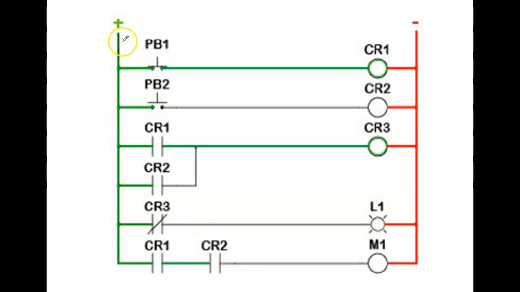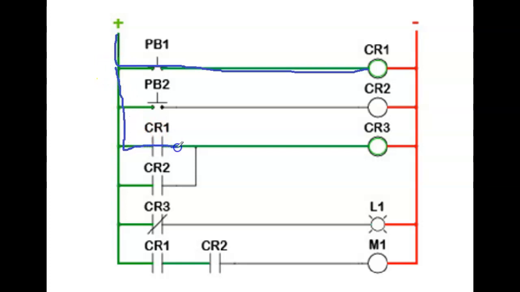Well, remember, the idea is to move current through. So it's kind of like water flowing through a pipe. So we know as soon as we power on the entire system, we're going to get flow over to CR1. And the CR1 coil is going to be energized. Well, that then takes this normally open contact and closes it.